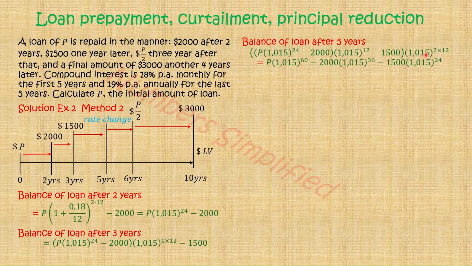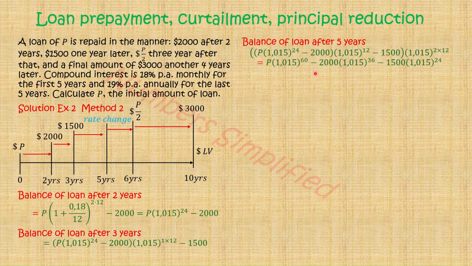So when we expand the parentheses or brackets into each and every term, we see that 1.015 is going to multiply with the minus 1,500 raised to the power 24. We have the same multiplying the 2,000 times 1.015 raised to the power 12. Now with the laws of indices, that would give us to the power 36.